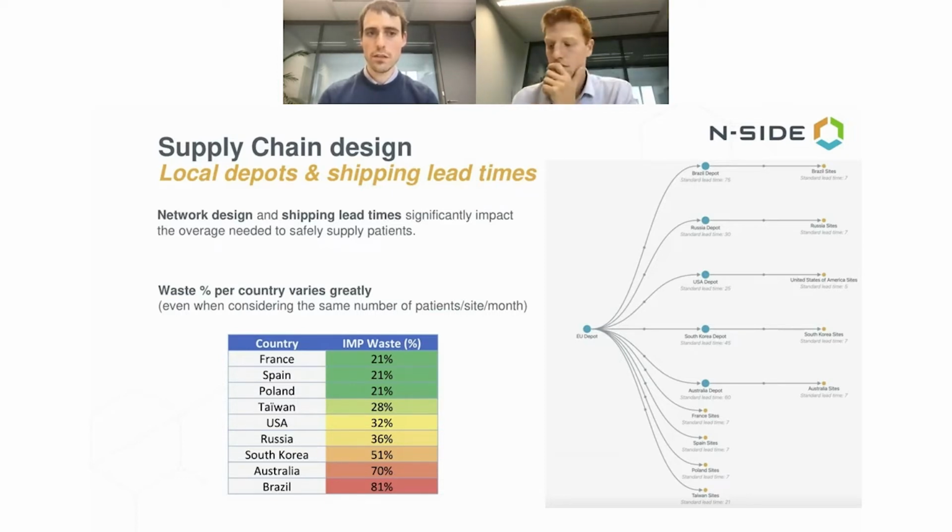As you can see, in countries directly distributed by the central depot, such as France, Spain, European countries, we have a very low level of waste, 21%. On the other extreme, for countries with a local depot with long lead times, we see a very high level of waste, 70, 80%. Why is that so?